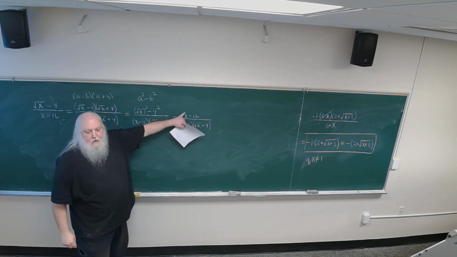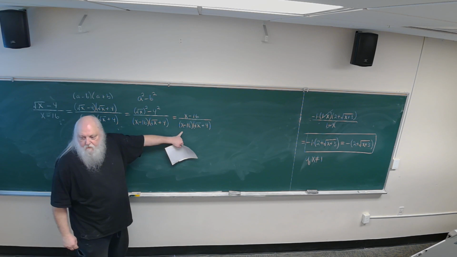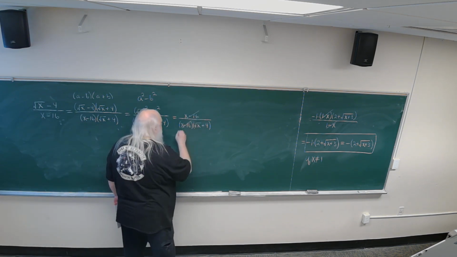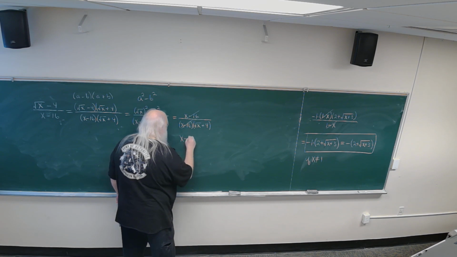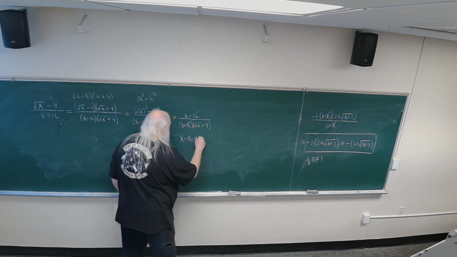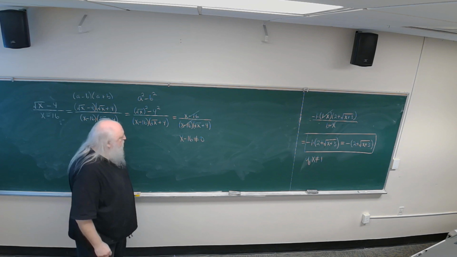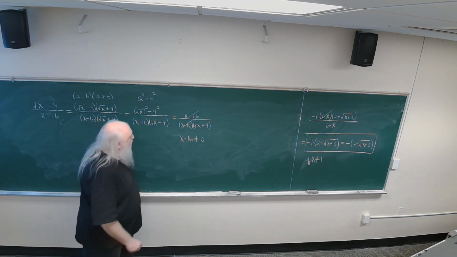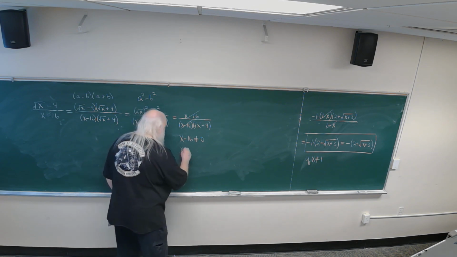So now you see we've got a common factor in the numerator and denominator, x minus 16. Those two factors cancel as long as x minus 16 doesn't equal 0, because if it equals 0, then the denominator equals 0, which means x can't equal 16.